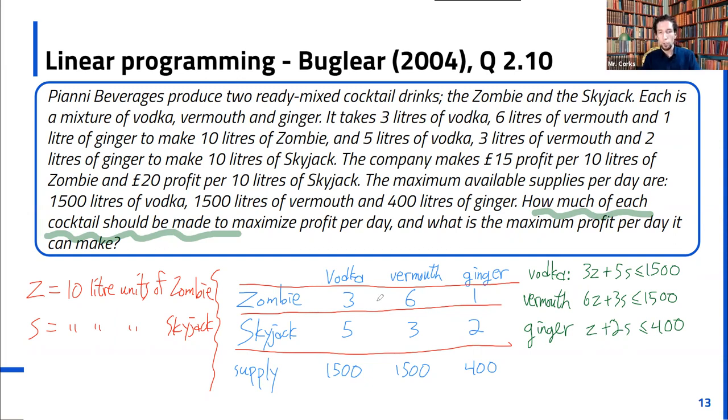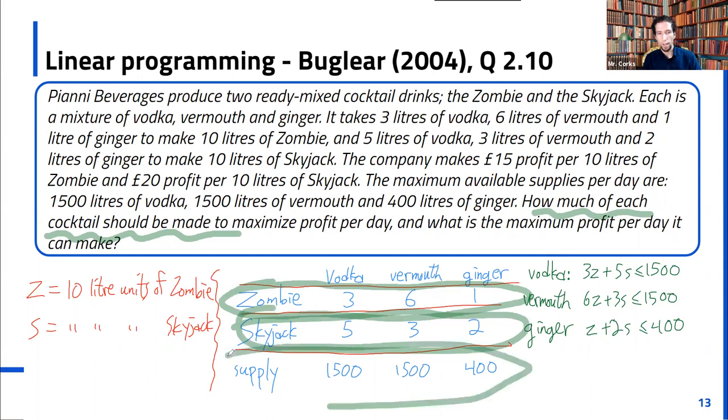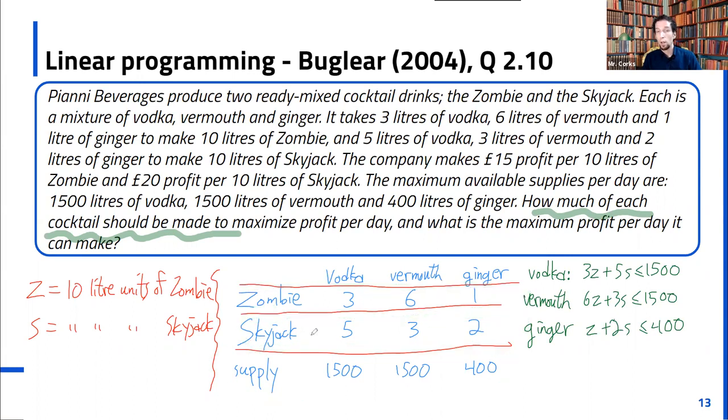So we could make variables for vodka and vermouth and ginger, and then make some sort of inequality that looks like this, and then our supply equations there. But if we did that, we would not be able to represent our objective function with that same thing, or not in a clean way, not in any sort of logical way.